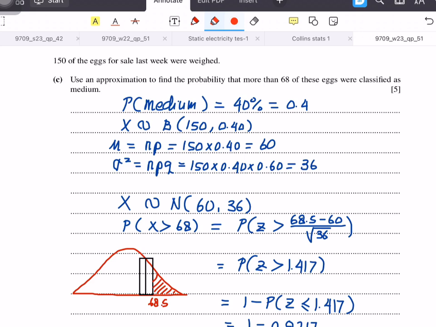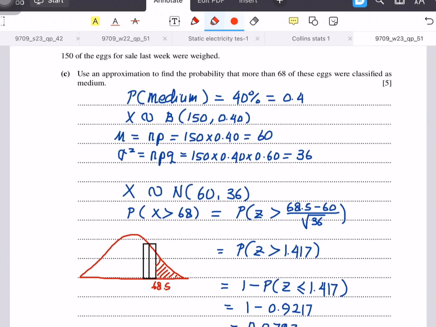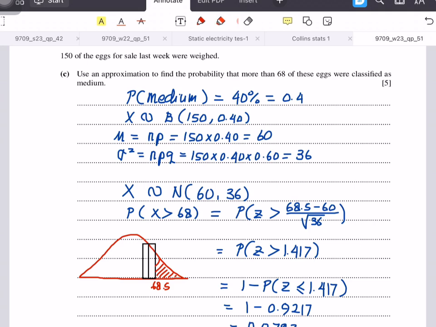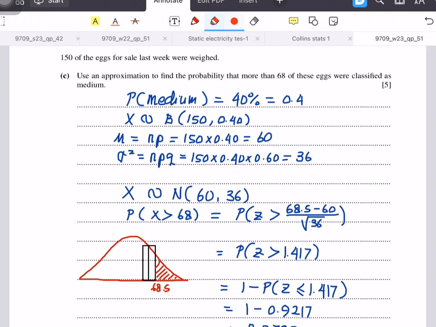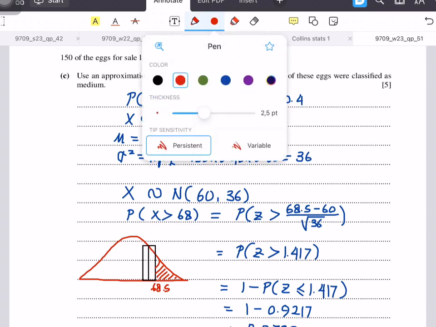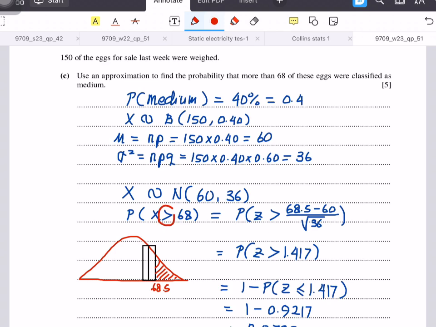Here we use continuity correction. 68 becomes 68.5. The explanation is in this diagram. So since we don't have equal sign here, the 68 is not included, so the shaded area is only this part.